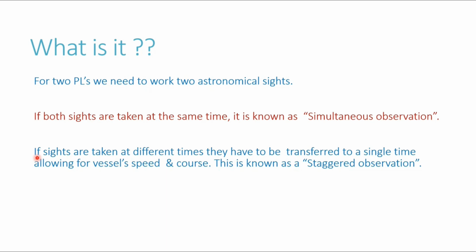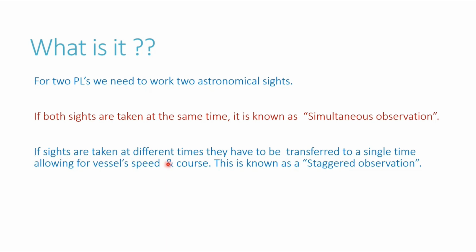Now, after some time when you take the site again, you get a different position line. So now in this case, we have 2 position lines for different times. These can also be combined and can be used to get the fix of the ship. This type of observation is known as a staggered observation.